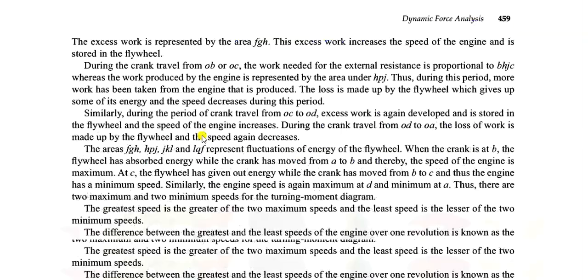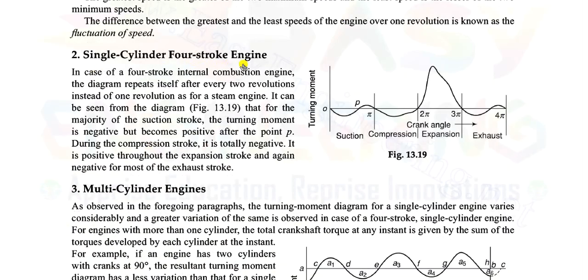But when you see the single cylinder 4-stroke engine, like our IC engine in an automobile, there is only one power stroke. When you read about the internal combustion engine in third year, you will read that it has 4 strokes: suction stroke, compression stroke, expansion and exhaust.